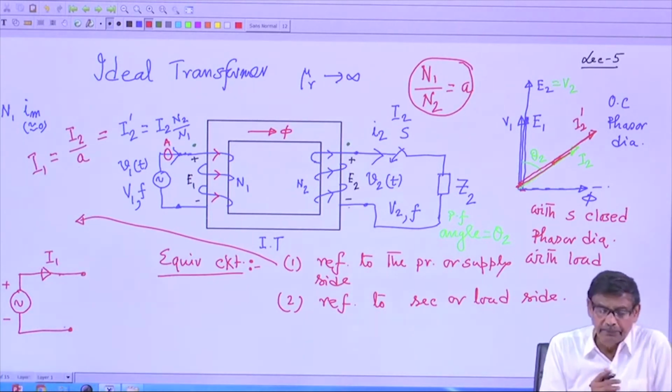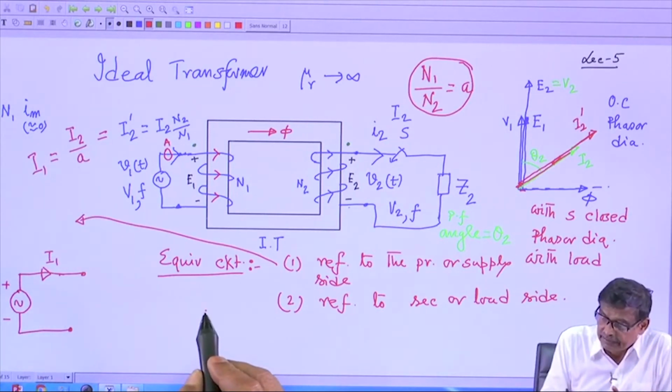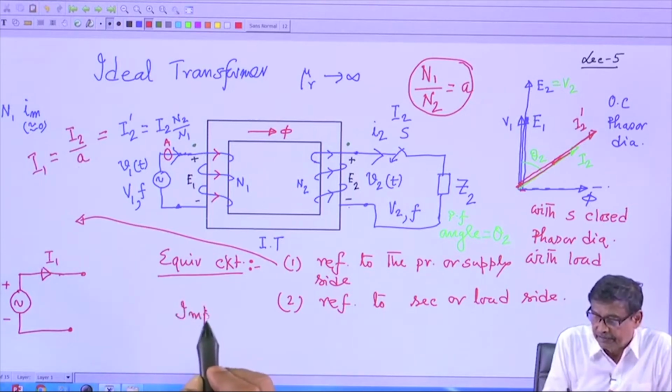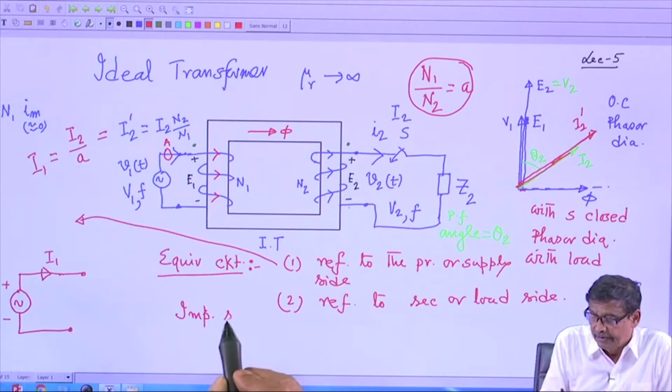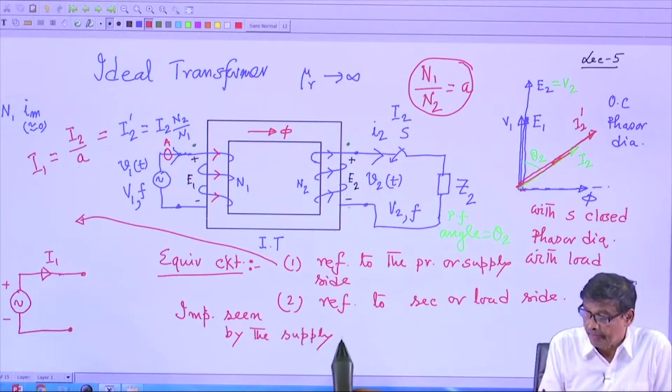Therefore, it will interpret that you have connected an impedance seen by the supply, impedance seen by the supply is equal to V1 by I1.